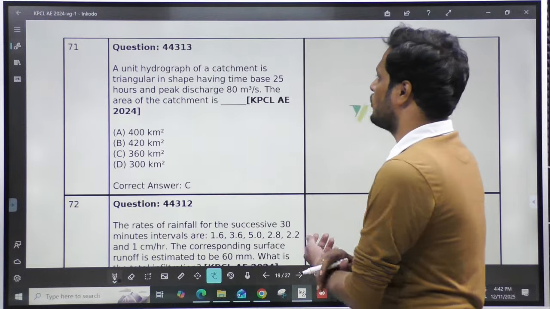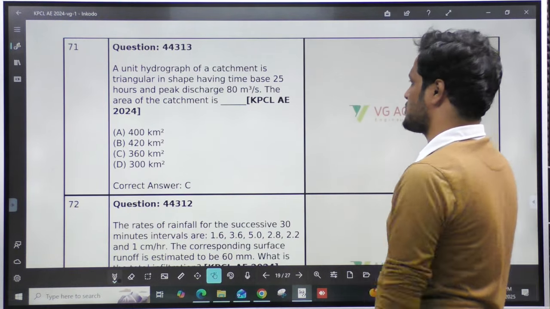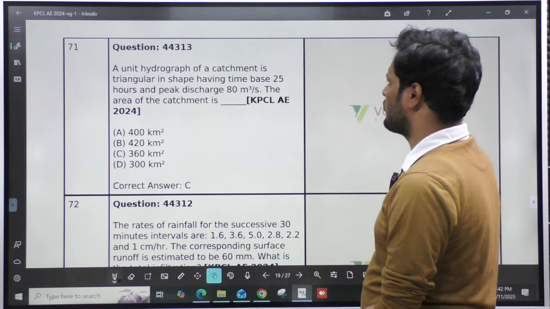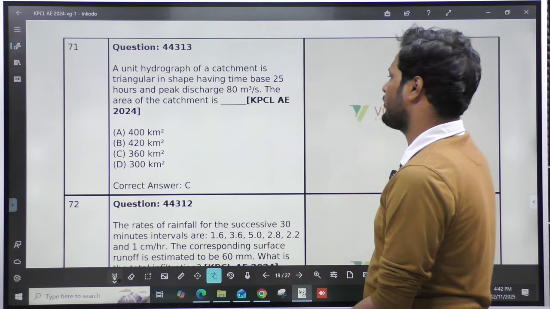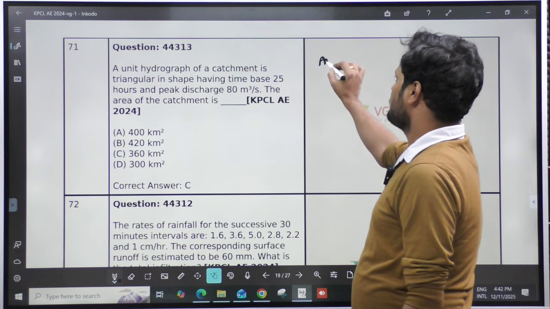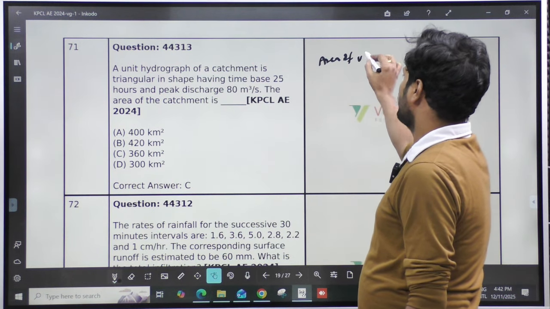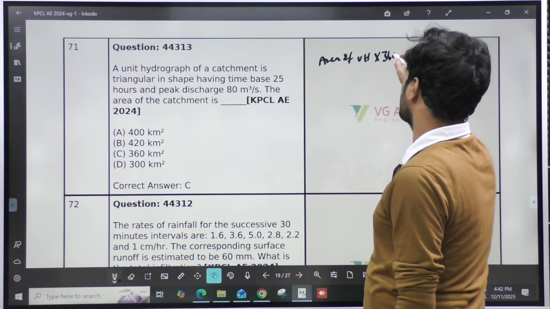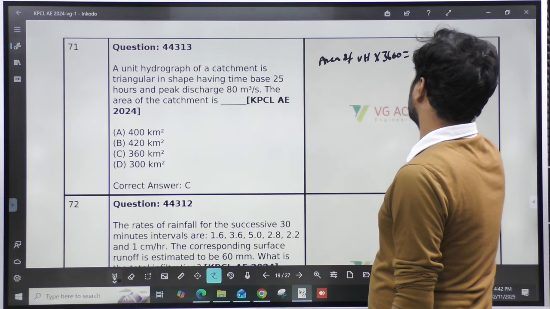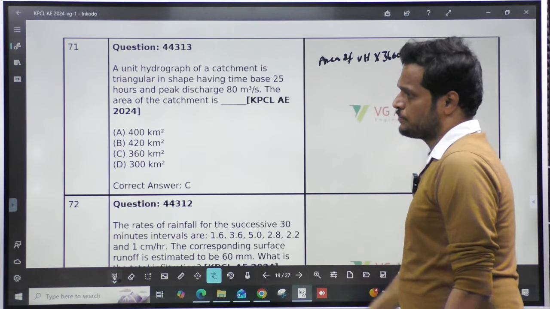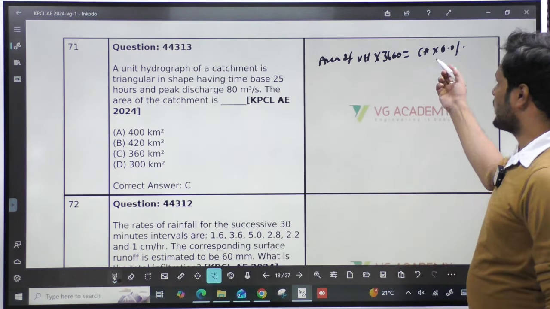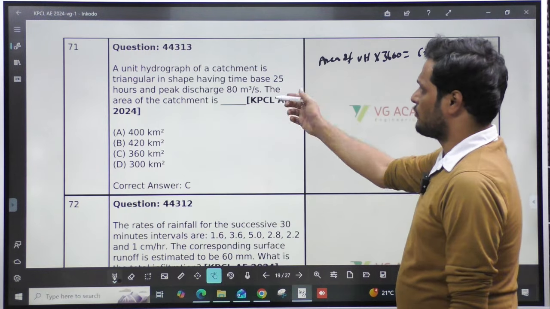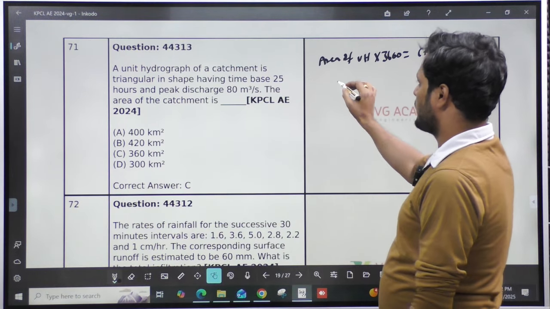Next question. A unit hydrograph of a catchment is triangular in shape, having the base 25, peak 80, the area of the catchment. So the standard formula: area of unit hydrograph into 3600 is equal to catchment area into 0.01. So this should be in kilometer square and this should be in hours. Generally our units will be maintained.